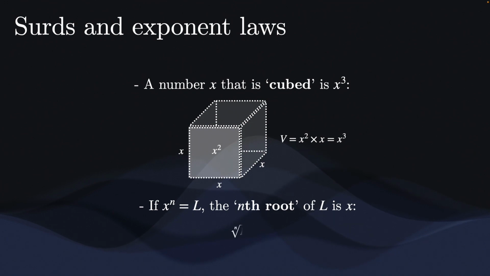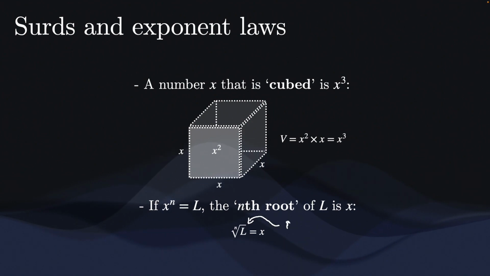Now, same thing with a surd. So just remember this little symbol here is a surd, which means the root. Now, remember I said the square root of a number? Well, what happens if some number x was to the power of n?